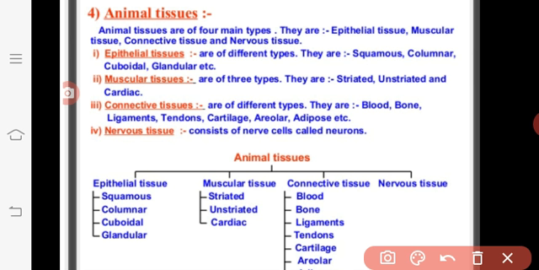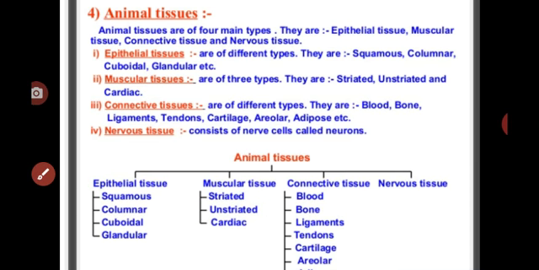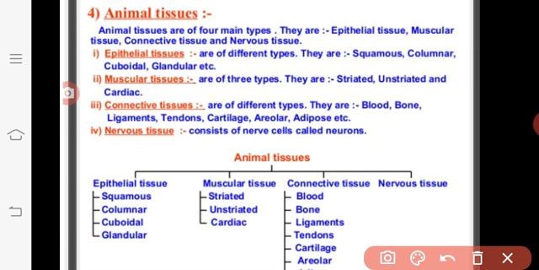On the basis of their structure and functions, animal tissues are of 4 types. First is epithelial tissue. Second is muscular tissue. Third is connective tissue. And fourth is nervous tissue. Epithelial tissue is of four types: squamous, columnar, cuboidal, glandular.